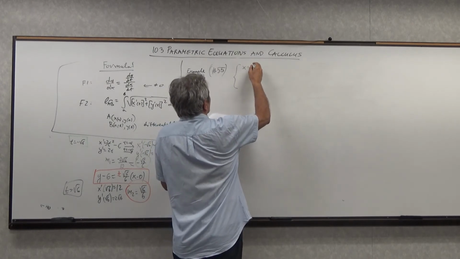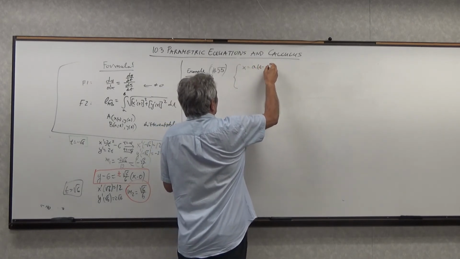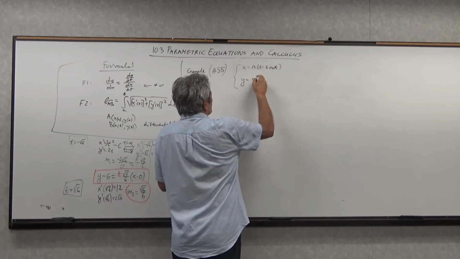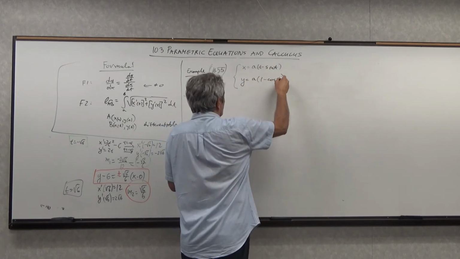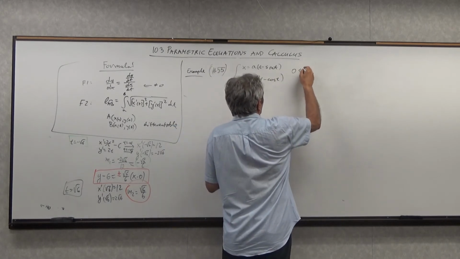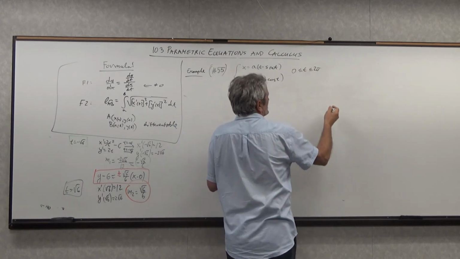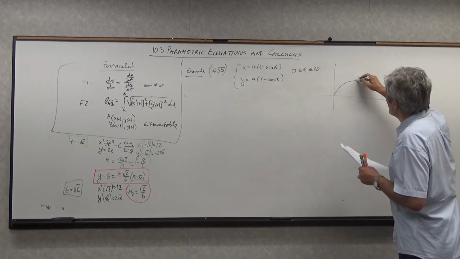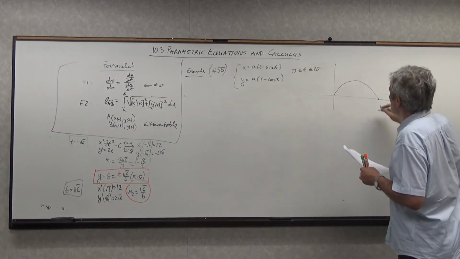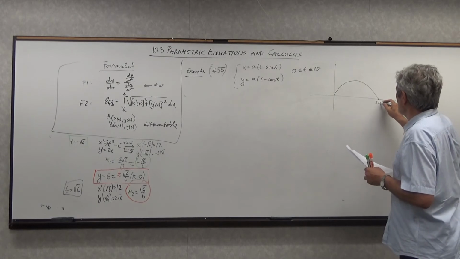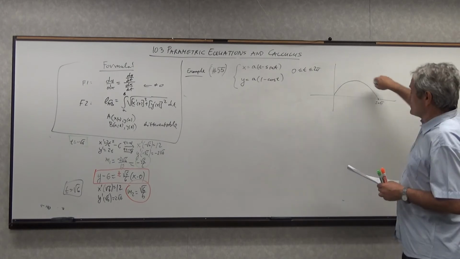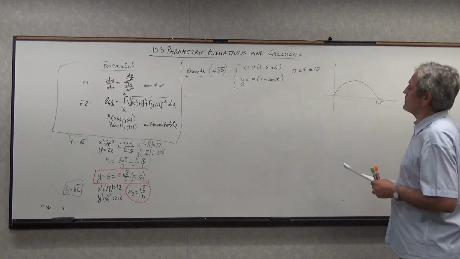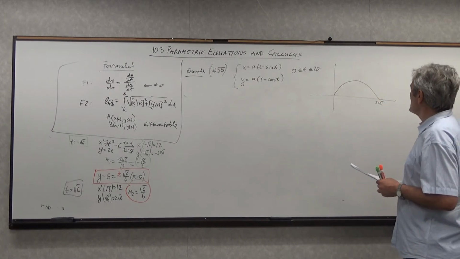with no big troubles. So x is a times t minus sine t, y equals a times 1 minus cosine t. We want t to go between 0 and 2 pi. If you remember from our previous lecture, that's what's on the top of the wheel. It goes like this. So here is the moment to 2 pi when your car runs the whole rotation of the wheel.